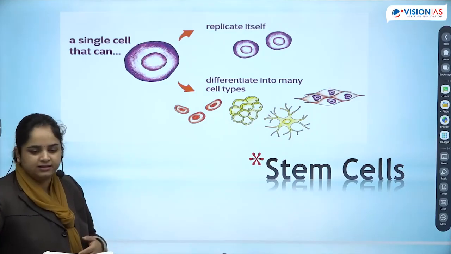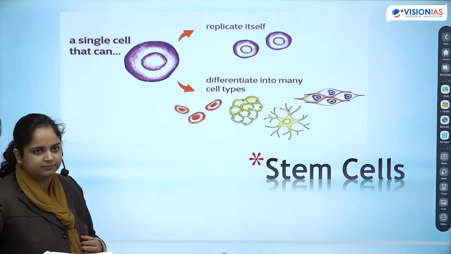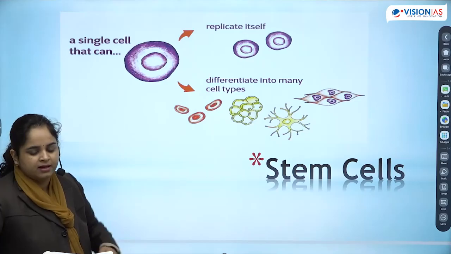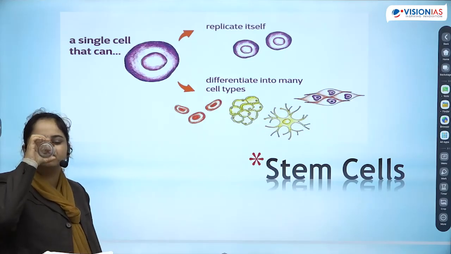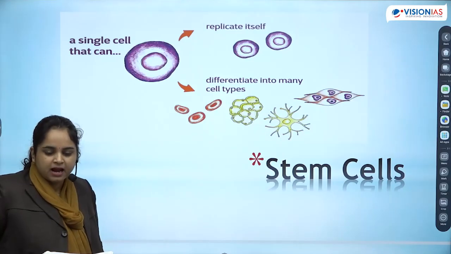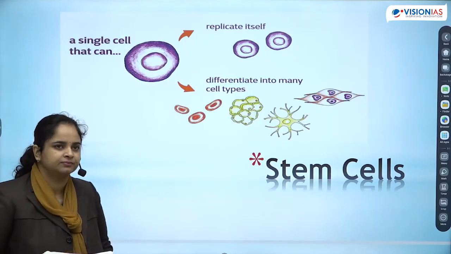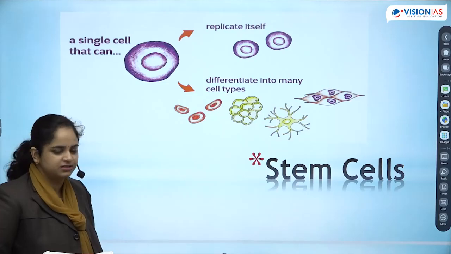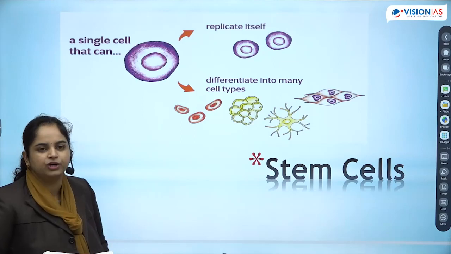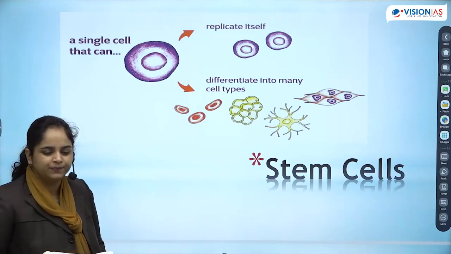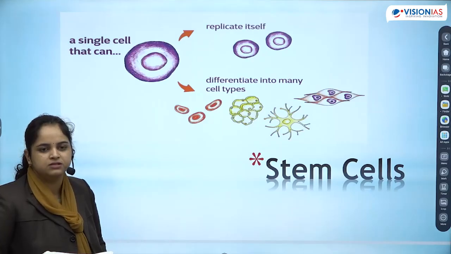Okay, please write this in one line. Stem cells are unspecialized cells that can divide and grow into different types of cells.